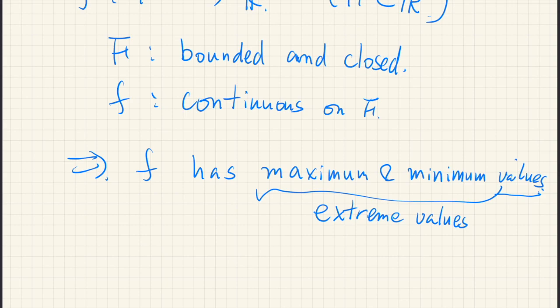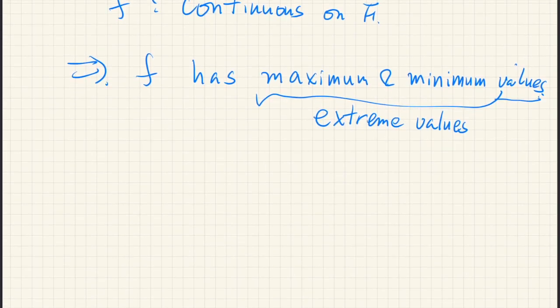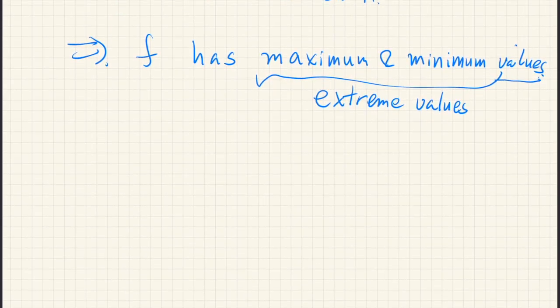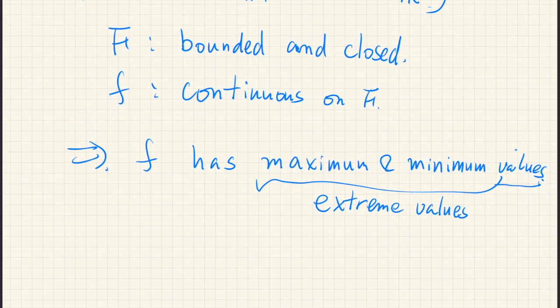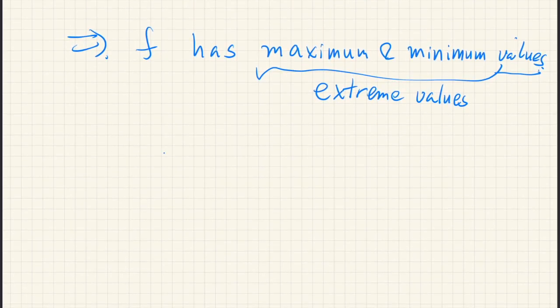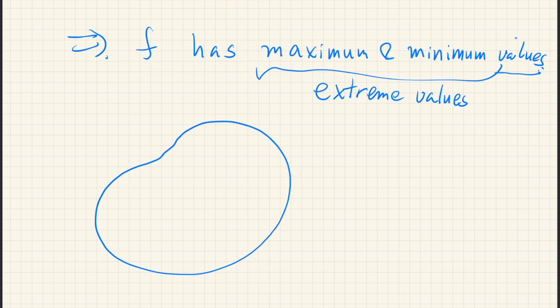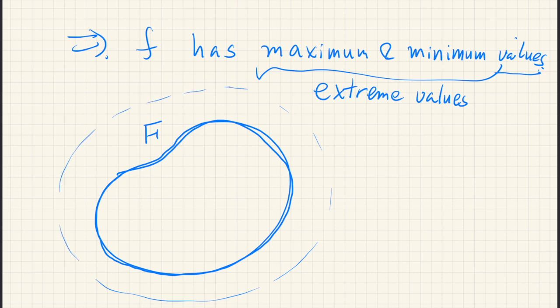This is easy. Bounded and closed means it is defined on something like this. The boundaries are included in the domain, and it's not infinitely large, so it can be contained in some circle or some hypersphere.